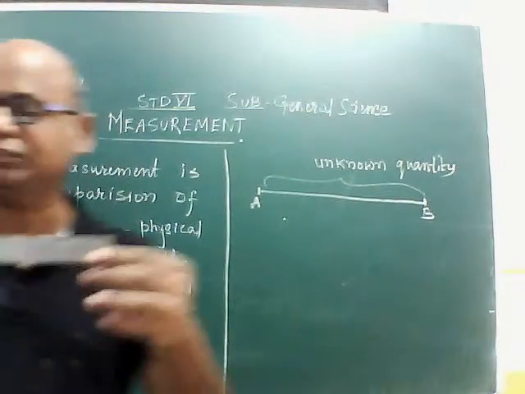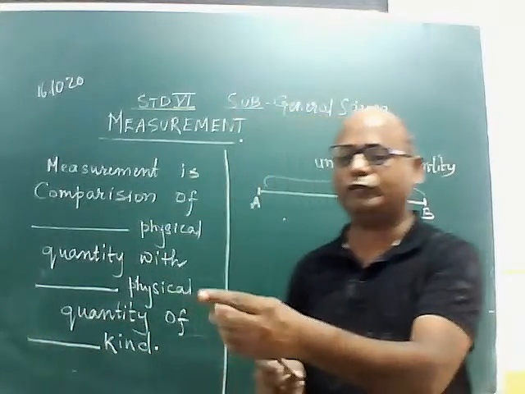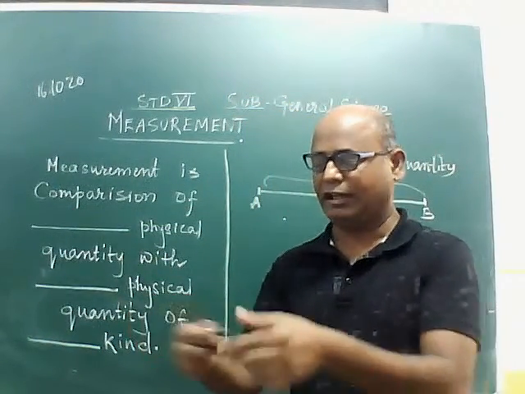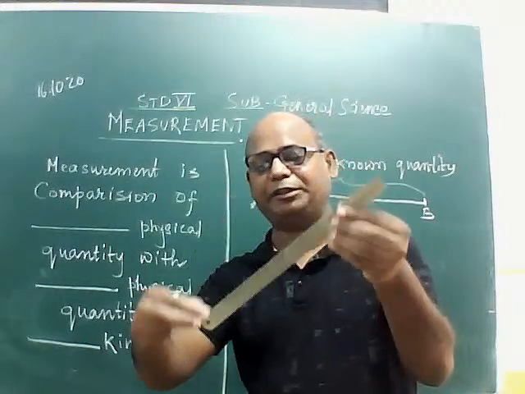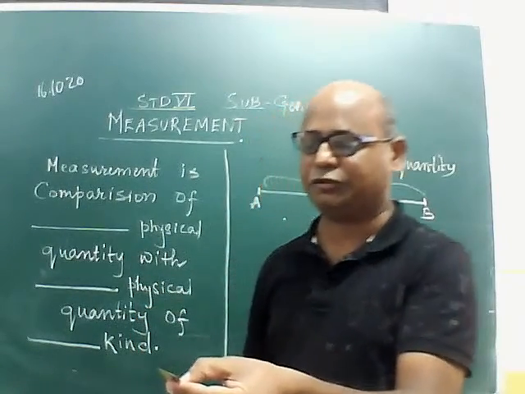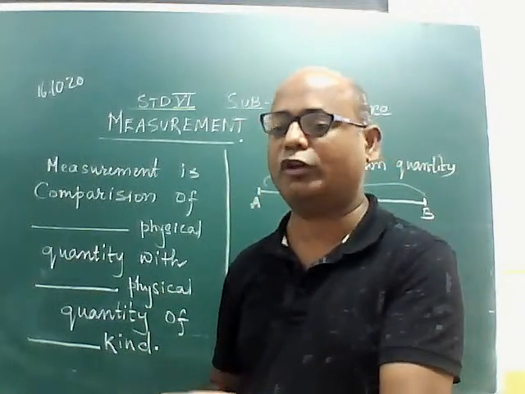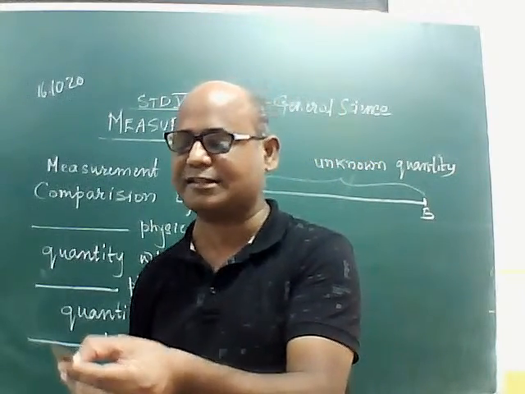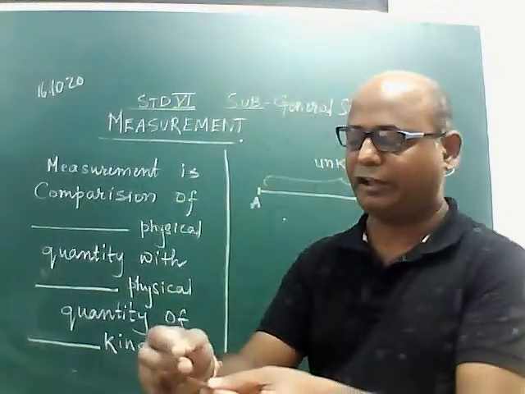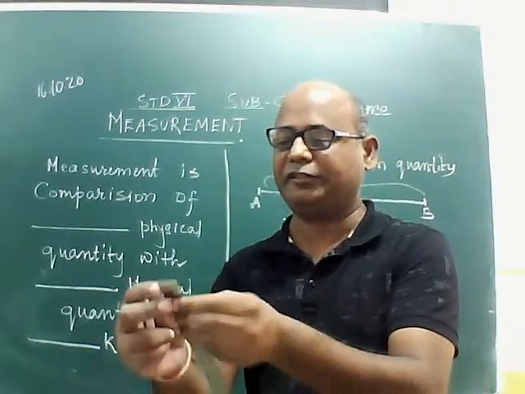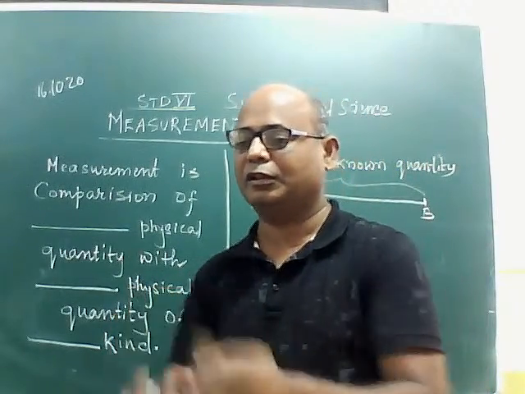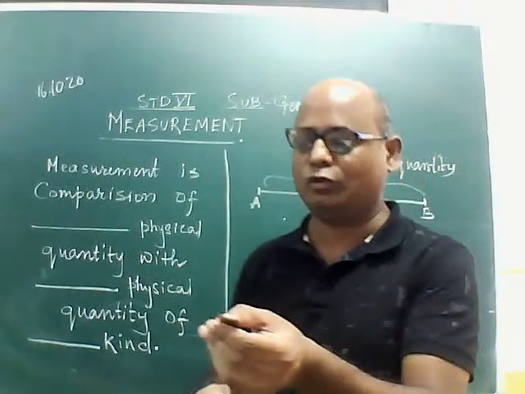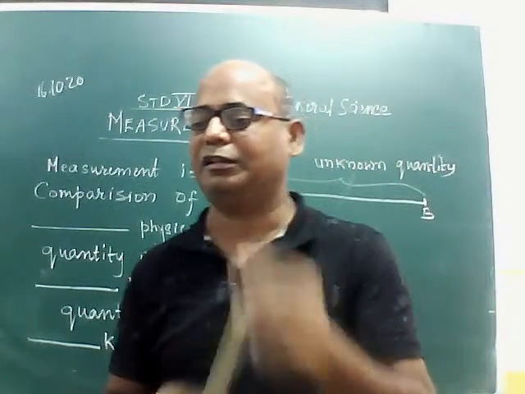For example, this is a ruler, and on one side there are inch marks and on another side centimeters. So 1 inch is equal to 2.54 centimeters. This we already know. We already studied in lower classes. Okay, so what are we doing? We are comparing it with 1 centimeter. So this is the unknown physical quantity. This is the known physical quantity, 1 centimeter.